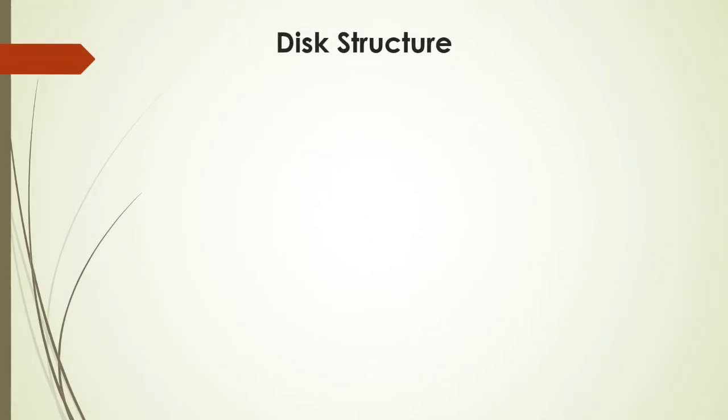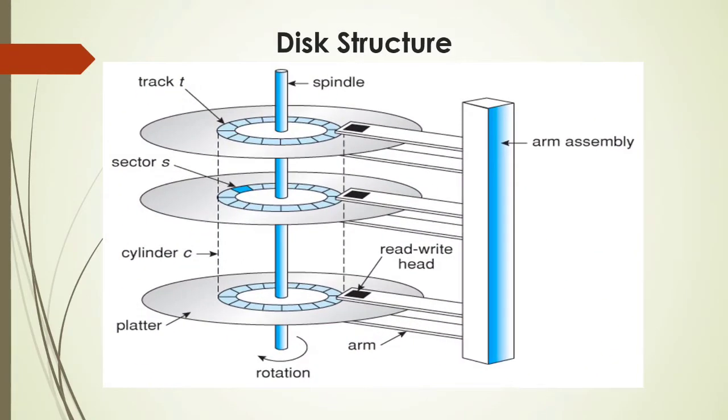Now, let us see the actual view of the track, sector, and cylinder concept. This is the actual structure of a disk. Here, we can see each platter is assembled on a single spindle which is kept vertically.